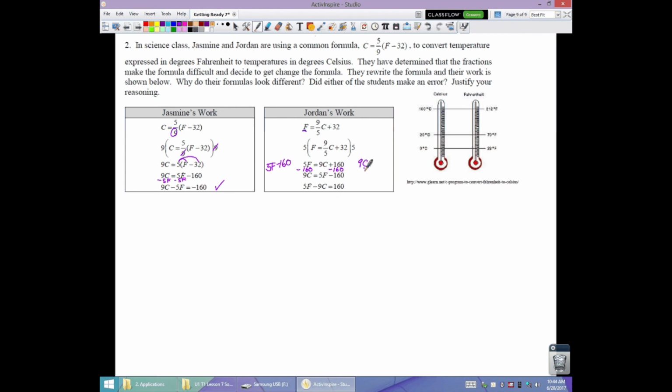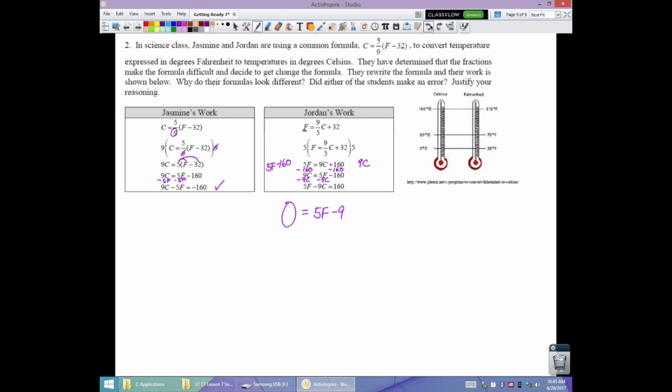But then he just rearranged, he switched sides and put the 9C on the left, the 5F minus 160 on the right. And then to put both variables on the same side, he subtracted 9C. Here's where he has a mistake. 9C minus 9C should leave 0 on the left equals 5F minus 9C minus 160, which does not look the way he wrote it at the end. It does not look the way he wanted it to look.